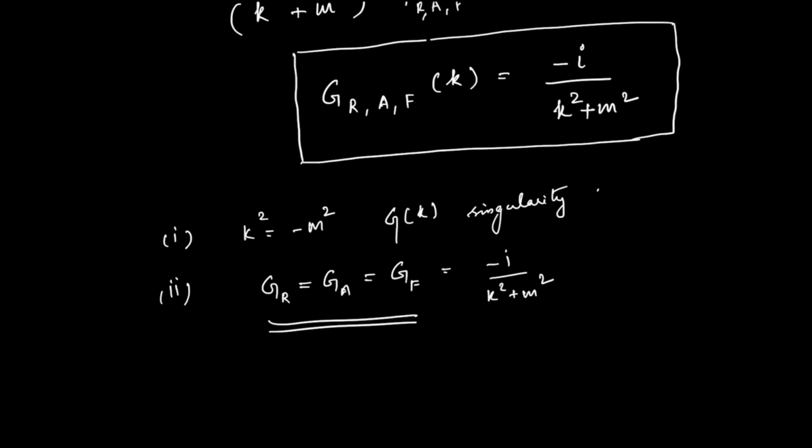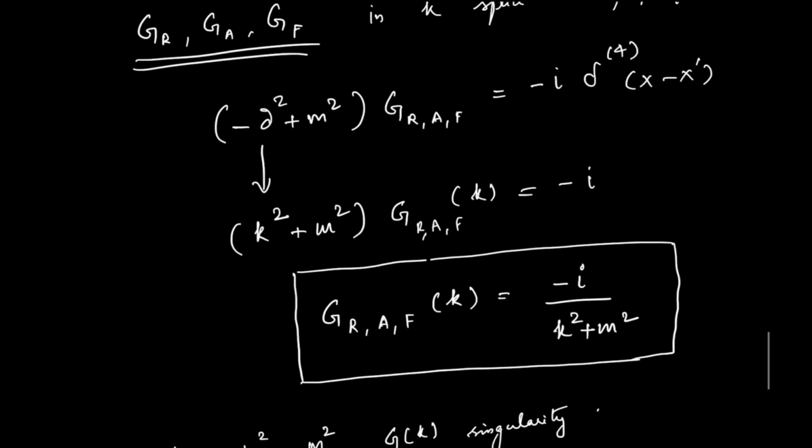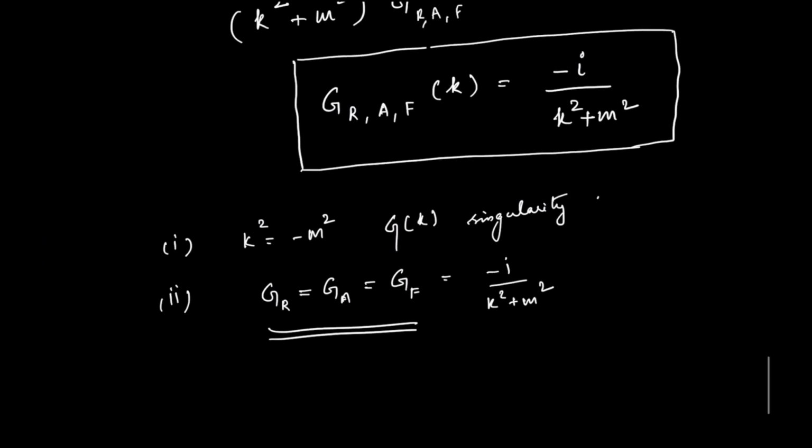So I need to follow the shortcut method, but I have to get different values for GR, GA and GF. So looks like these two problems are related. I have two problems: one is singularity and another is that for all the functions I am getting the same value. If I solve one problem, the other will get automatically solved.